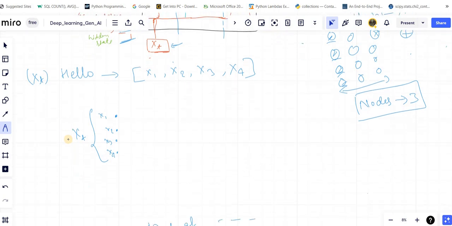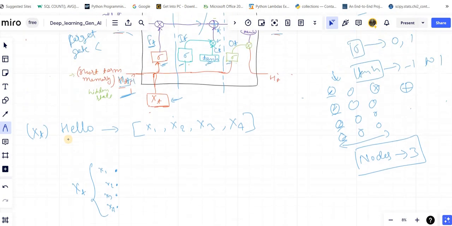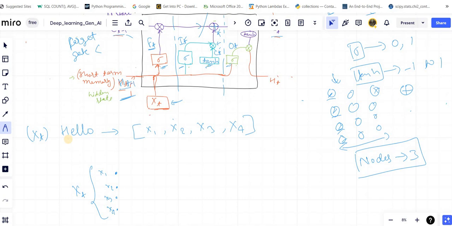So the XT is 4, and if you see this line, only focus on this part. Here one ht is going and then XT. There is no multiplication and addition here. This is called concatenation.